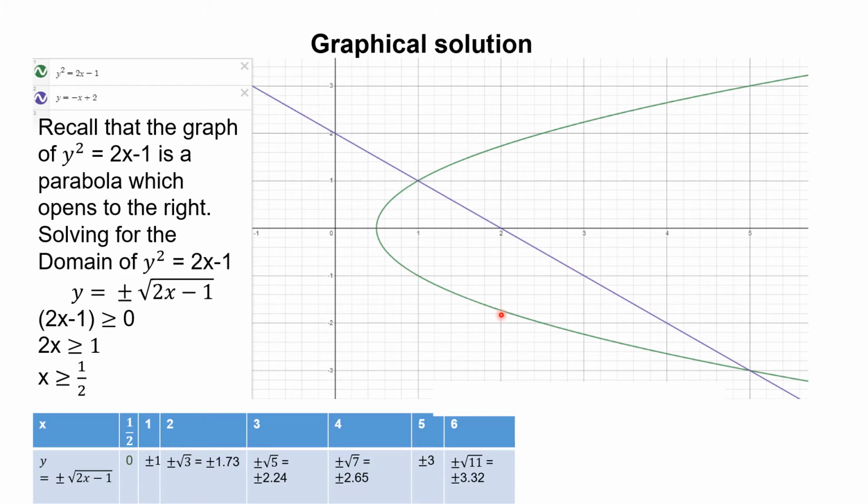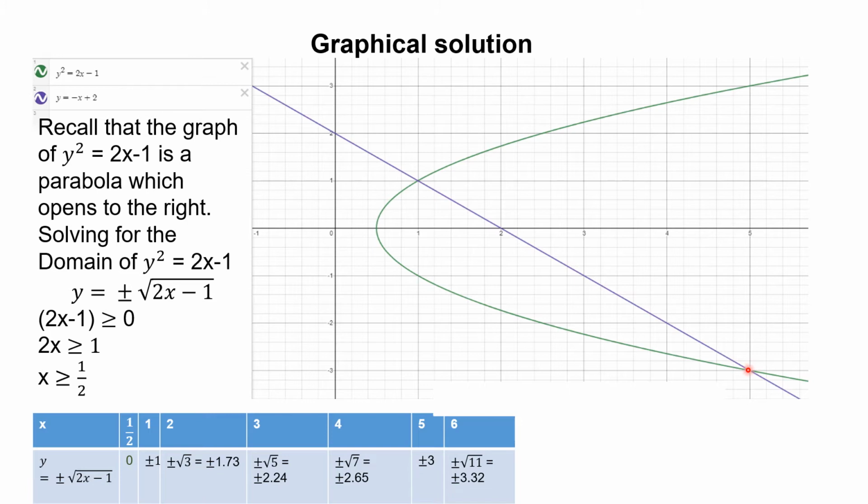And down the line, we can also take a look when x is equal to 5 here. So when x is equal to 5, y is positive 3 here. And when x is equal to 5 again, y is equal to, if you take a look, negative 3.